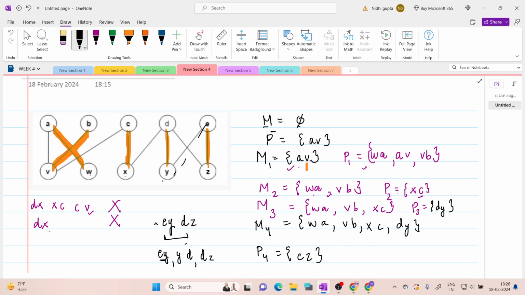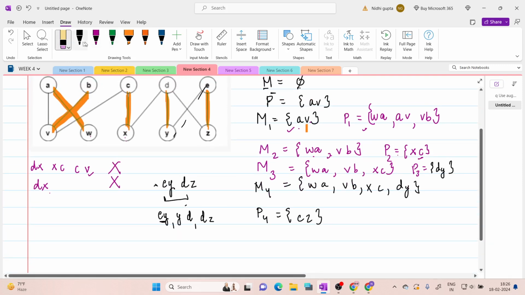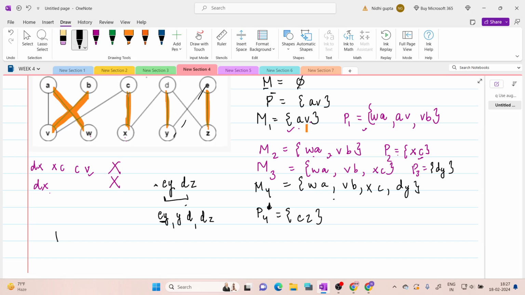So you can instead take this, instead of choosing directly. Okay, now I got it. Sorry. So this was P4. From this you were getting this matching. Now you suggested a different augmenting path: EY, YD, and DZ.